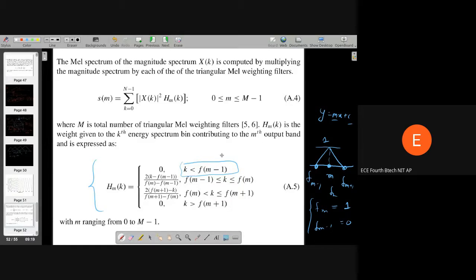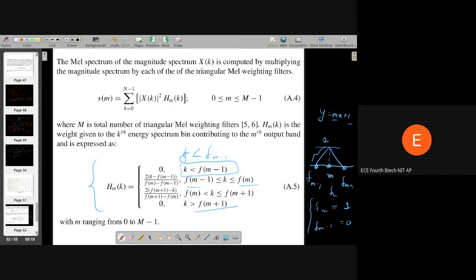If omega or f is below f of m minus 1, then the triangle does not exist, it is 0. Again, the same above f of m plus 1. And within this range, you find out what your straight line will be from this equation.